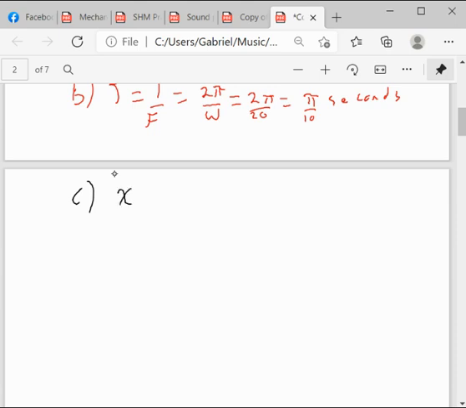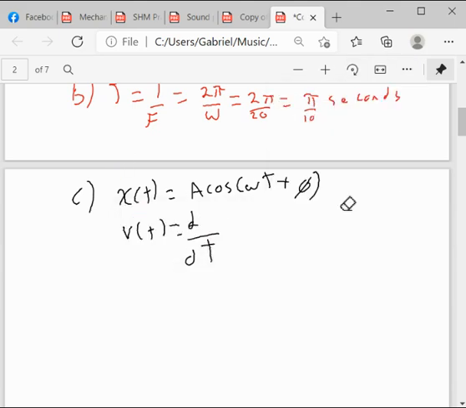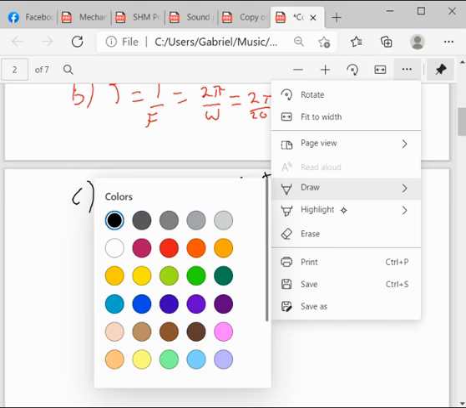The general formula, right, we can always write it with the general form, A cos(omega t plus a phase factor). And then the speed being the derivative of the position formula.